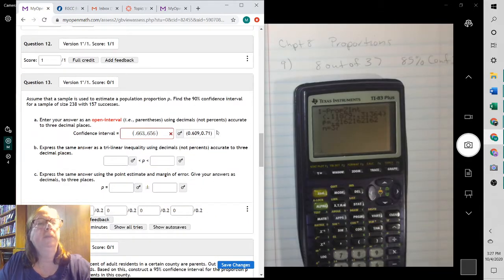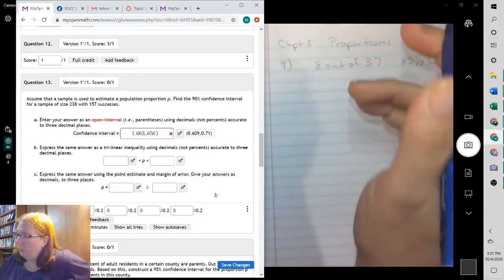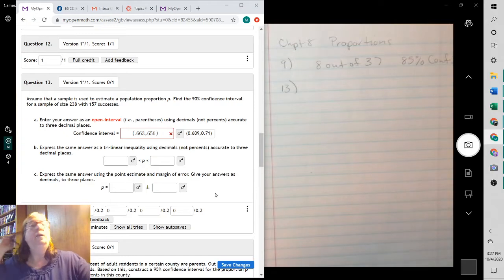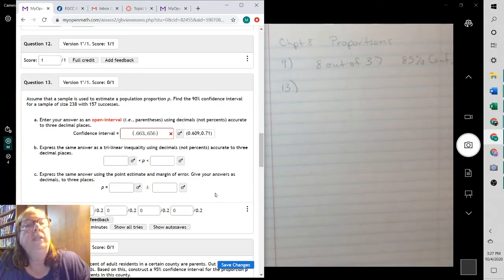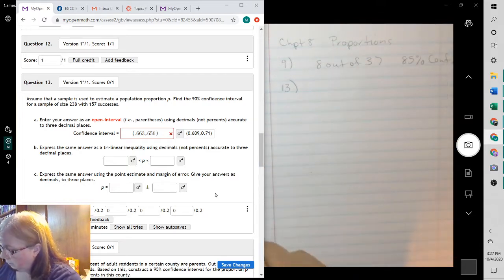The next group, this one here, number 13, it says, assume that a sample is used to estimate the population proportion, finding a 90% confidence interval, a sample size of 238, 157 successes.